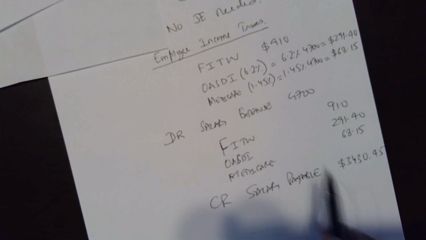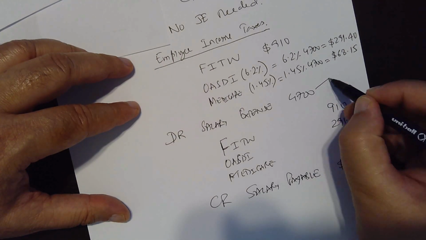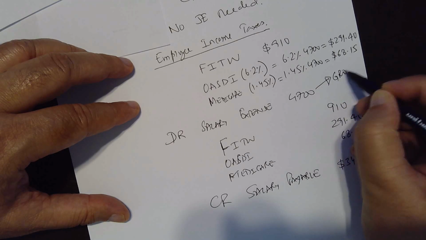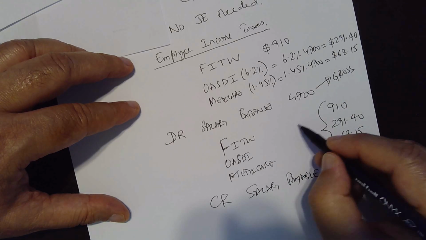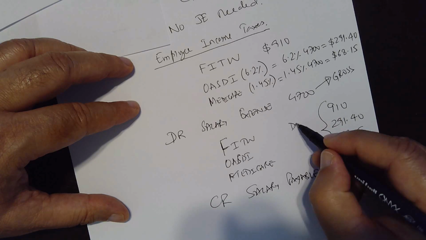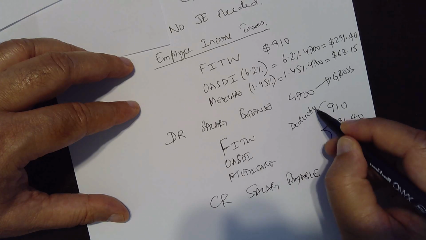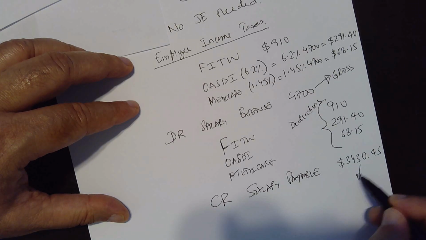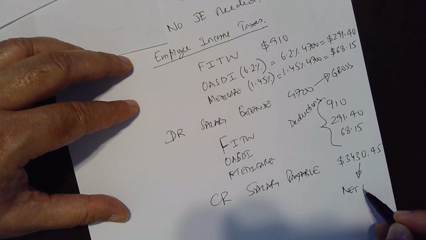Now this represents your gross salary, this represents your deductions, and this represents your net pay, take-home.